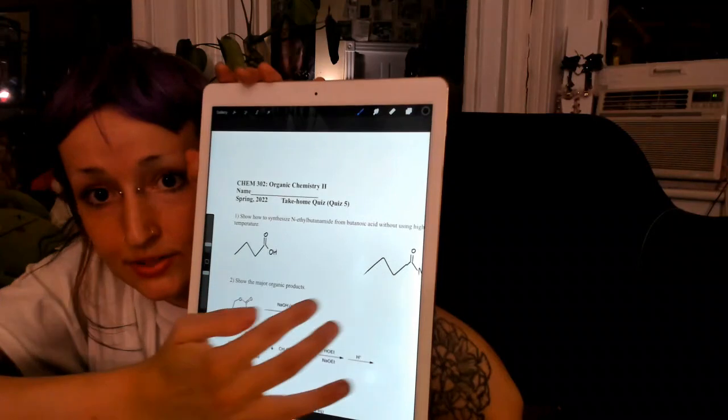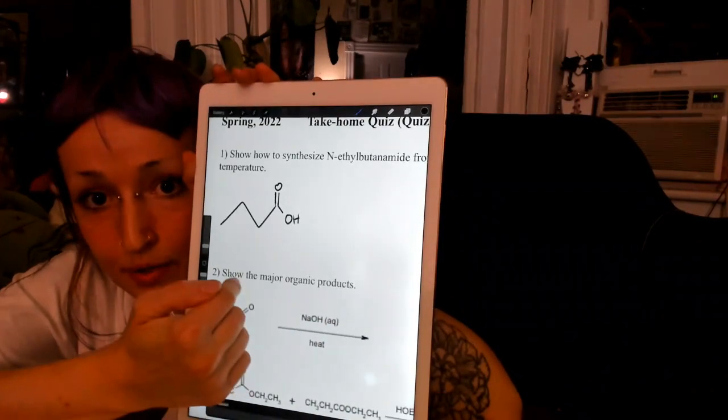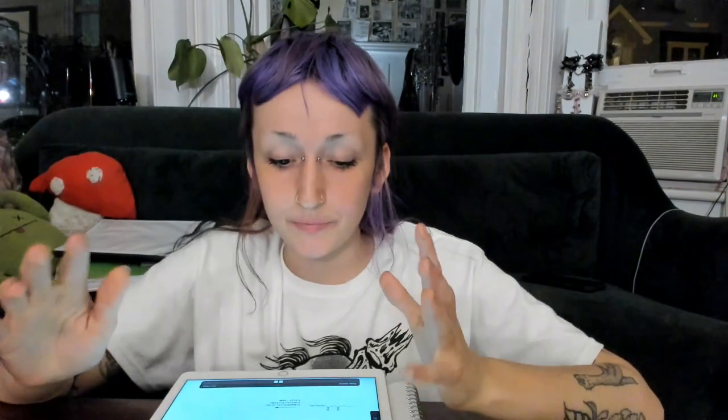On the other side of this here, we do this backwards, yes, we have butanoic acid. So the question specifies not to use high temperature, but when I'm going over quizzes, I like to remember how to do it if I did have high temperature. So if we did have high temperature, and we're thinking well over 150 degrees, because what we want to happen is a condensation.